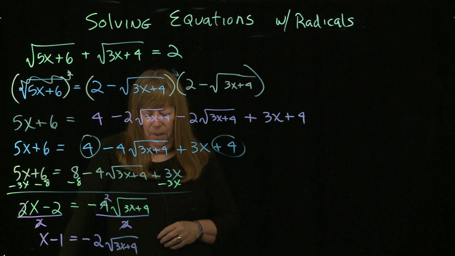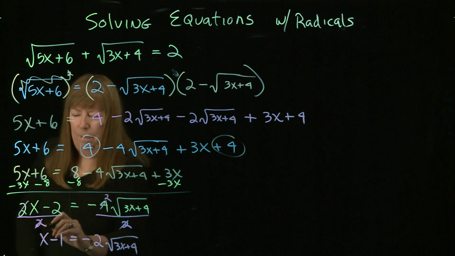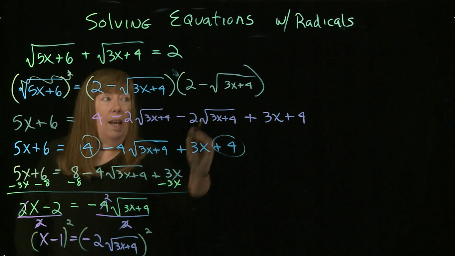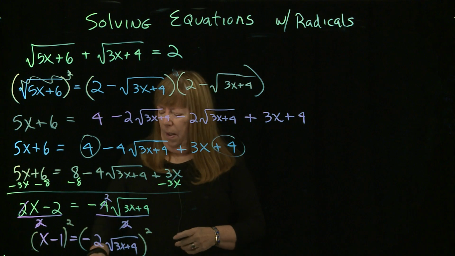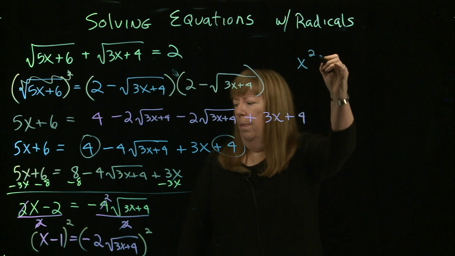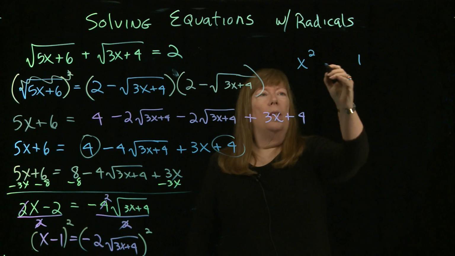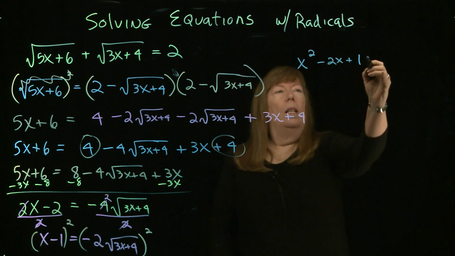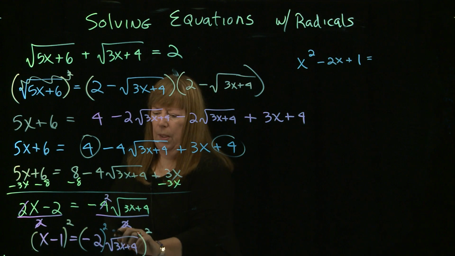Okay, next thing I want to do is square both sides. And I'm going to put it up here. So x minus 1 quantity squared is x squared, take this and square it, multiply those together and double it, equals... All right, so we're really squaring both of these, right?